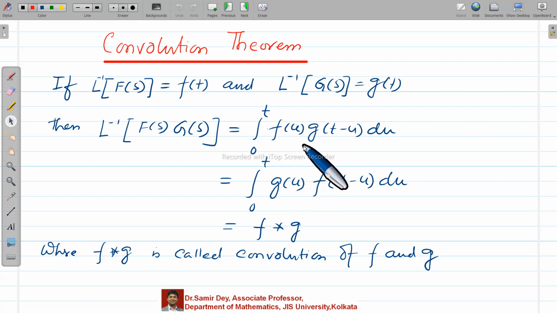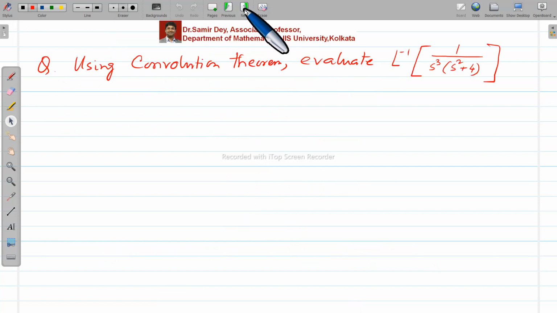Now try to understand with some numerical examples how to implement the convolution theorem to solve a question from inverse Laplace transform. So here I have considered one example to explain how to implement the convolution theorem to this particular problem. Now let's see the solution.